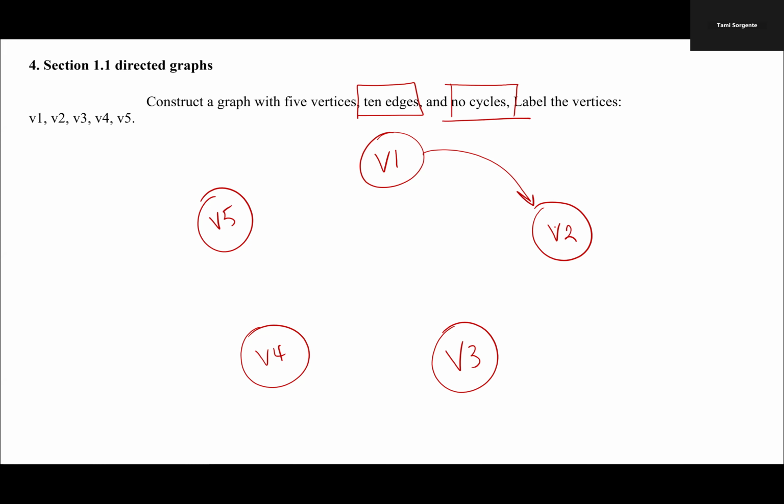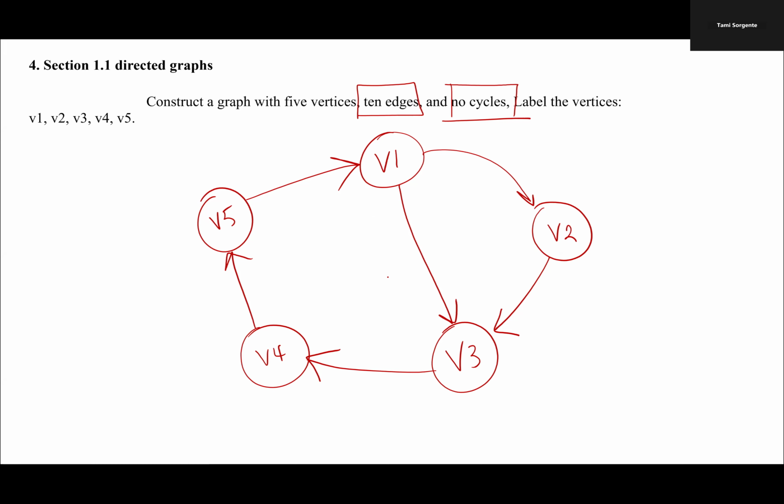So I'm going to start by putting edges around here. I have one from, this is 1, 2, that's not making a cycle, 3, that's not making a cycle, 4, and 5. Again, there's not only one solution, but this is the solution that I'm giving you. Now if I put an edge from here to here, that follows the rules as long as I don't put an edge going back.